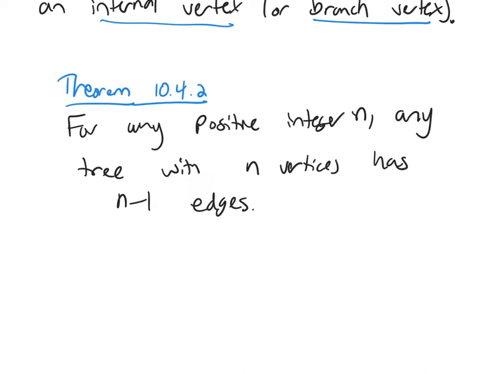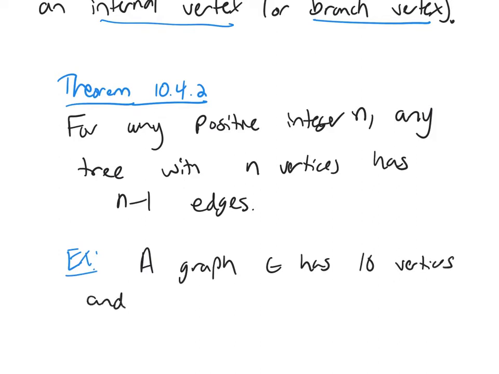So let's look at this problem. I want to ask this question. A graph G has 10 vertices and 12 edges. Is it a tree? To answer this question, all we need to do is look back at this theorem.